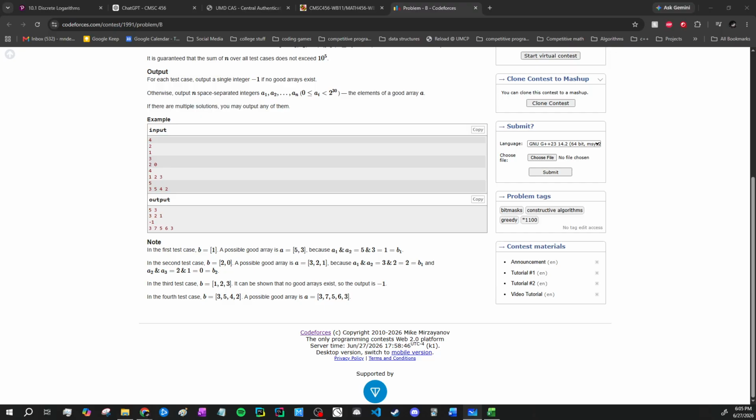Next one is 7 and 5, I believe. So 7 is 1, 1, 1. 5 is 1, 0, 1. This is 5. Next one is 5 and 6, which is, I believe, 1, 0, 1 and 1, 1, 0. This is 1, 0, 0. This is, I believe, 4.